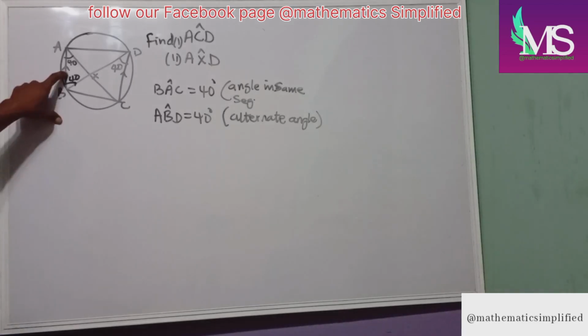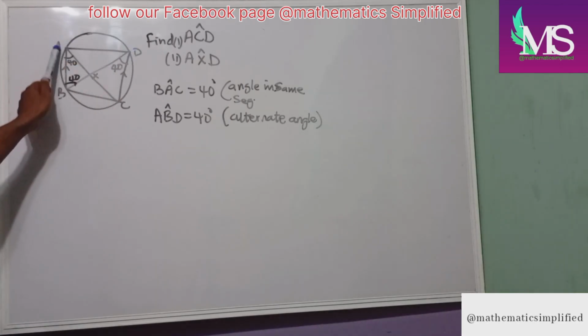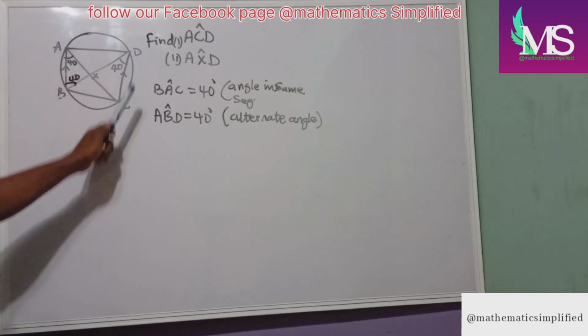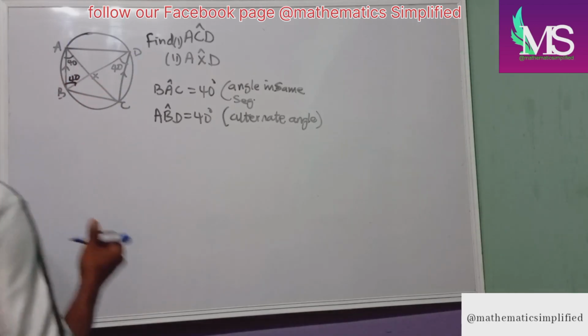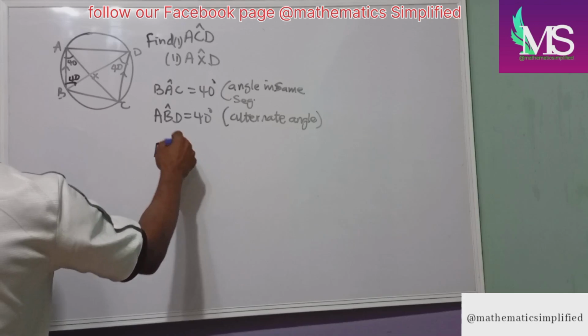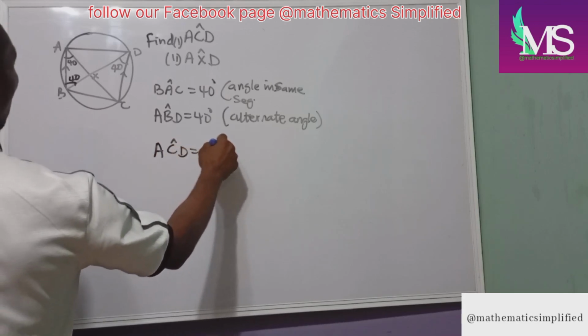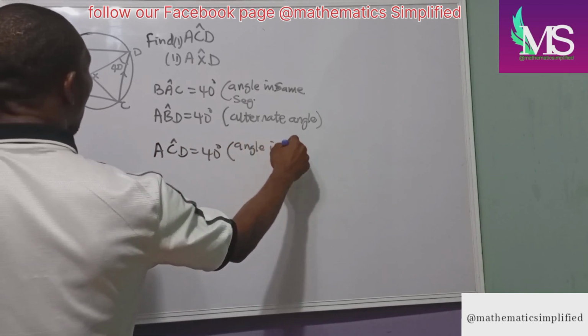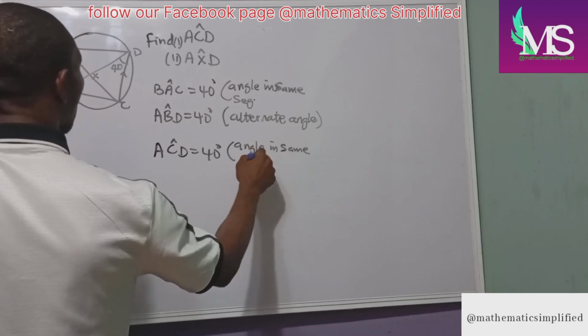Now, if this is alternate to this, considering our chord AD, angle C will also be 40. So our ACD equals 40 degrees. Reason: angles in same segment.